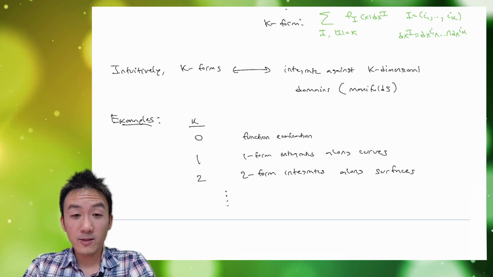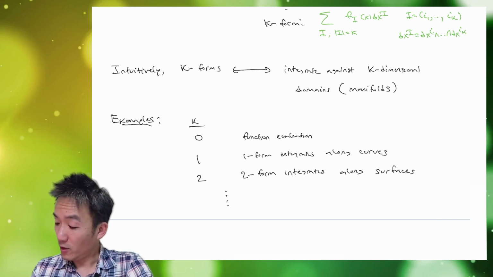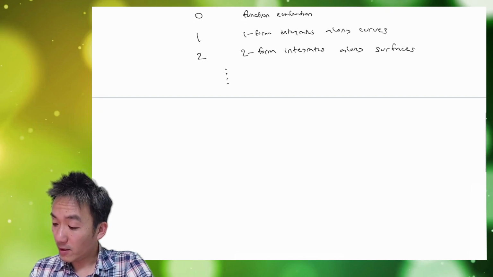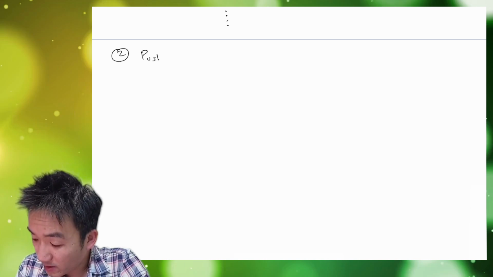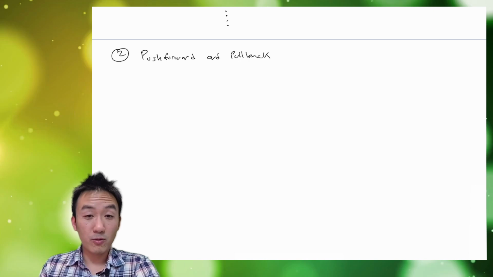But let's go over some of the mathematical background nevertheless. In order to get to integration, I need to define the notion of push forward and pullback, but in general dimension.